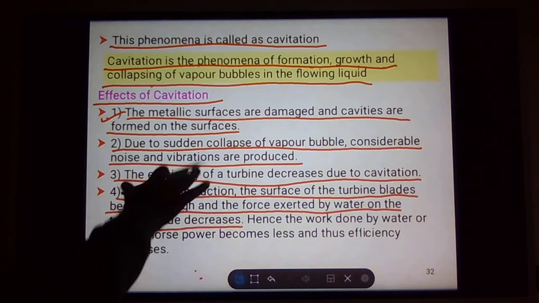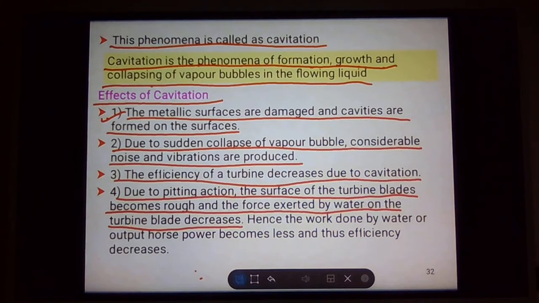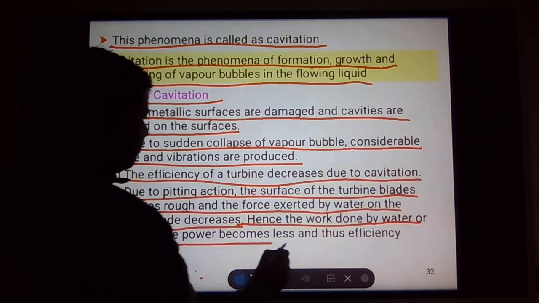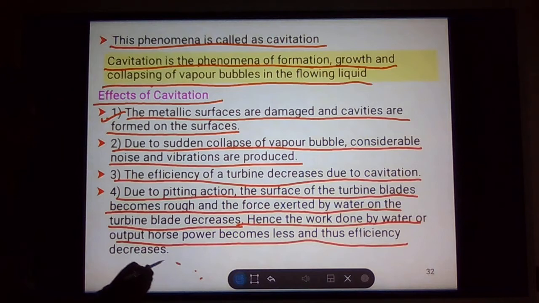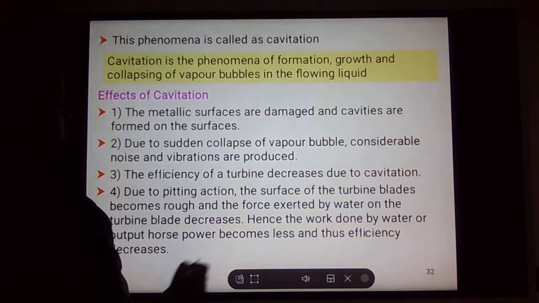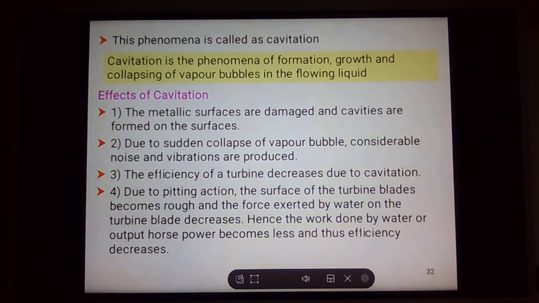But now due to this pitting and corrosive action, your surface becomes rough, and the force exerted by the water on the turbine will decrease. Hence, the work done by the water or output horsepower will become less and thus efficiency decreases. So these are some of the harmful effects of cavitation.